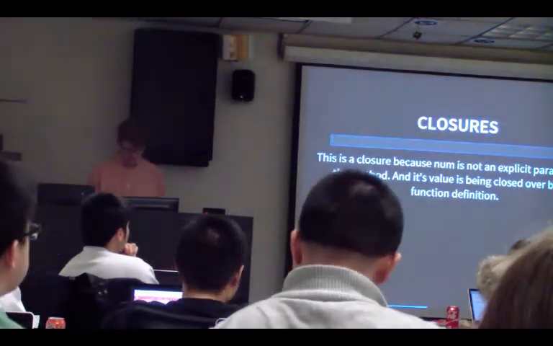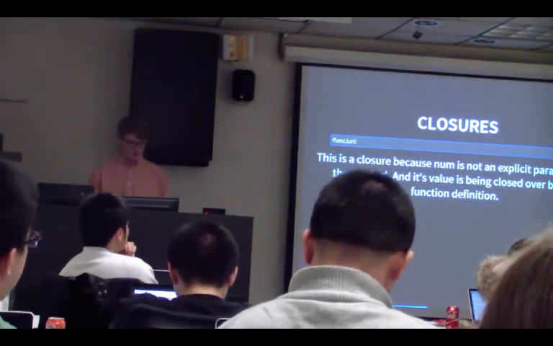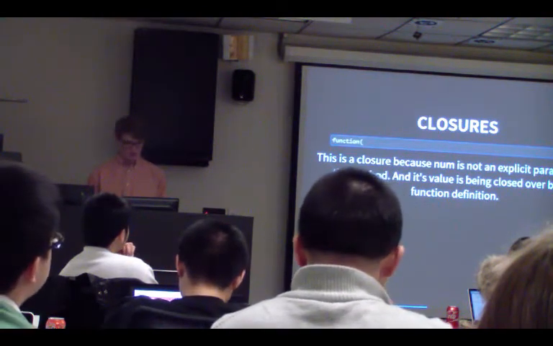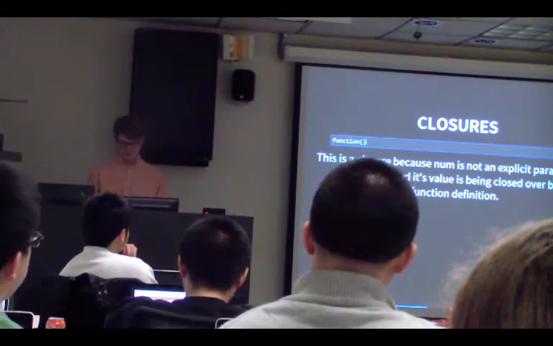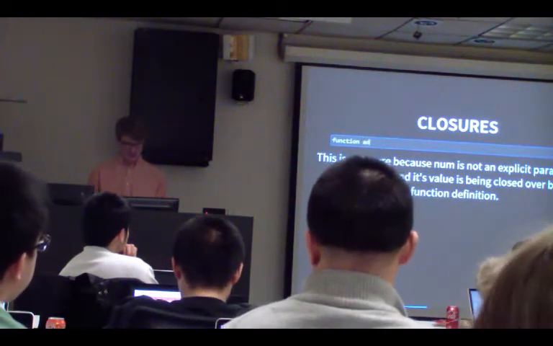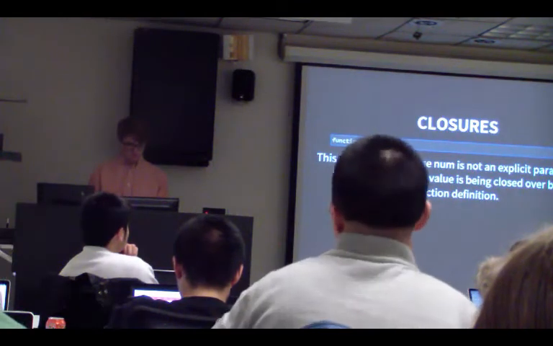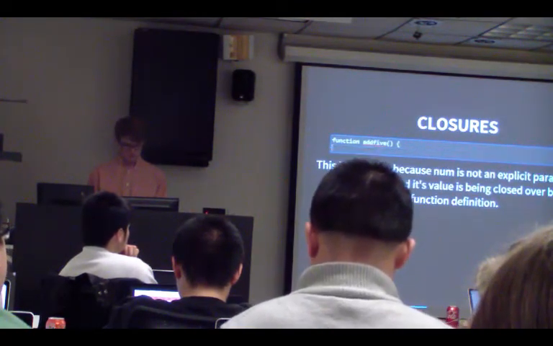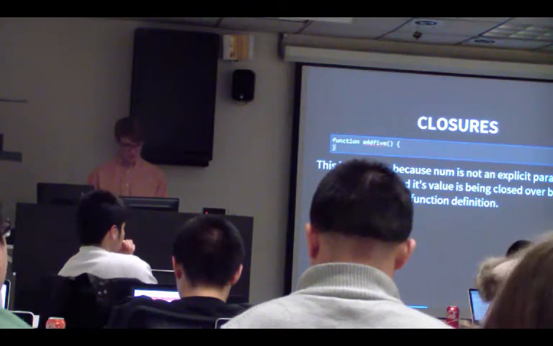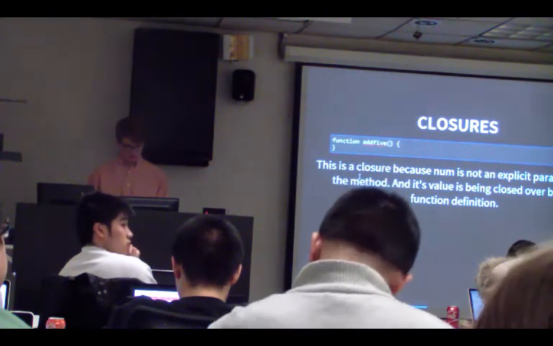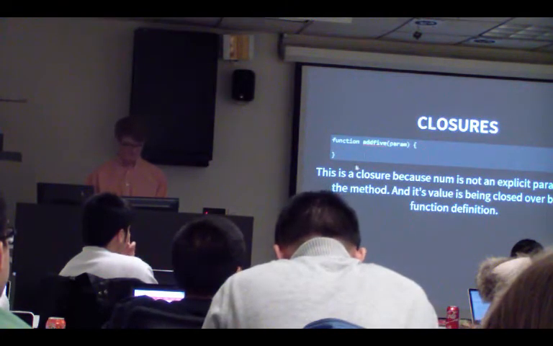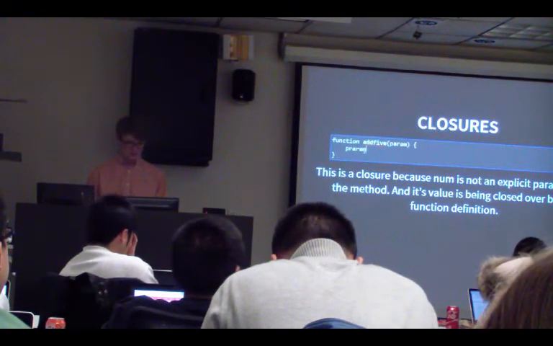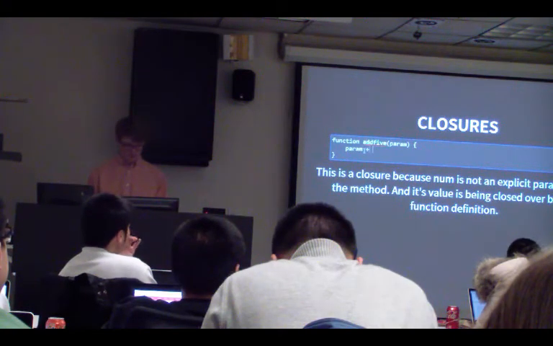If we wanted to write a function to add 5 to a number, we could do function add5, it could take in a parameter, and it could just return param plus 5.